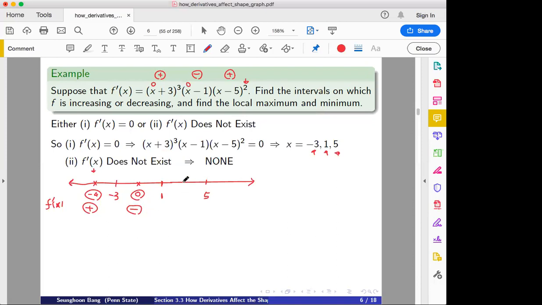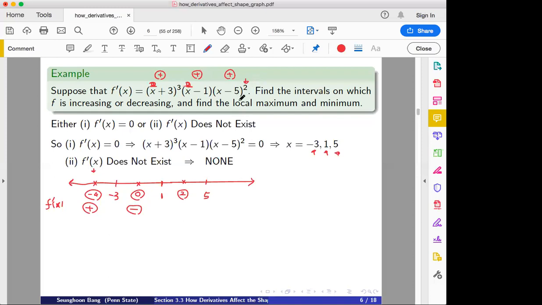Next, you choose a point between 1 and 5. What's the number? Okay, good, 2. Plug 2 into x. 2 plus 3 is positive, 2 minus 1 is positive.